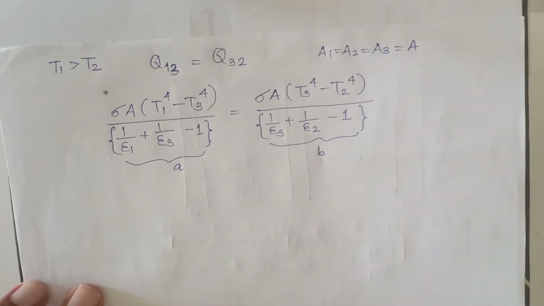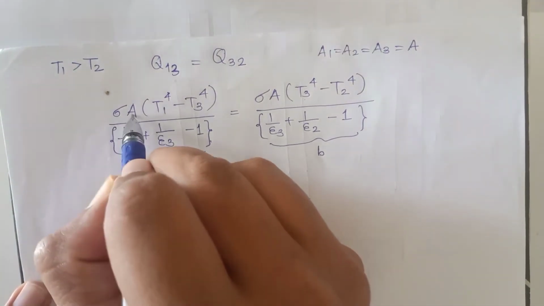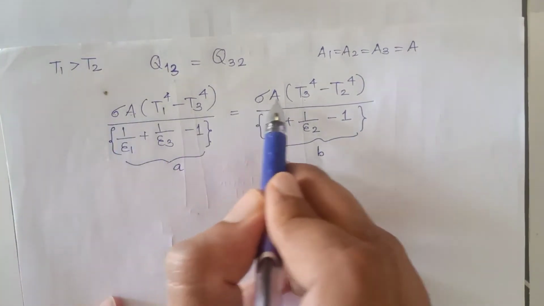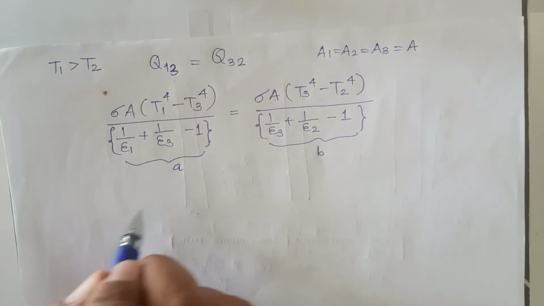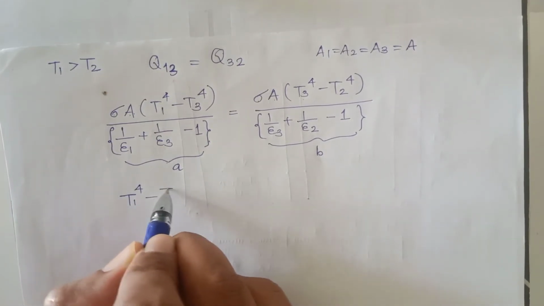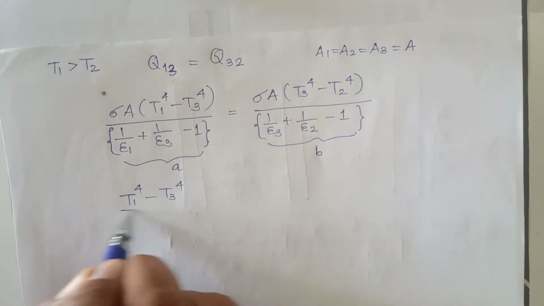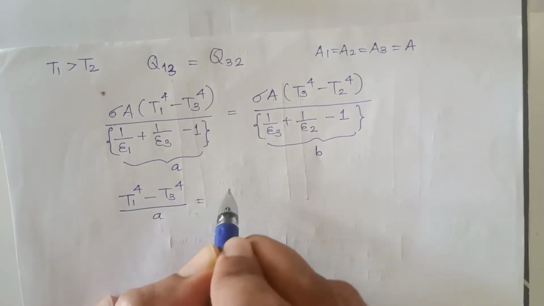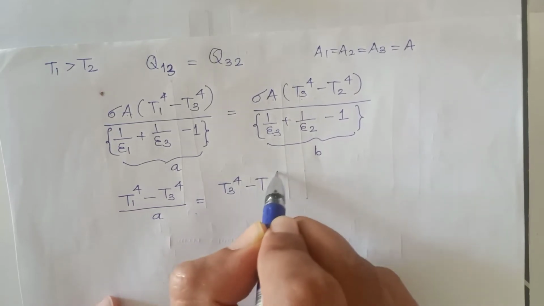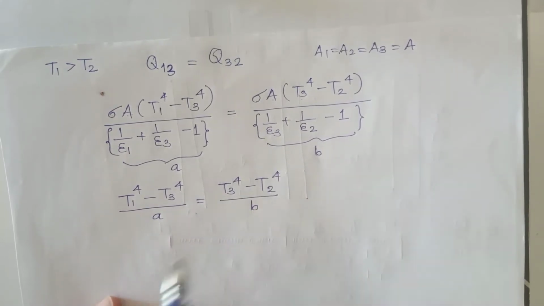Also, from both the sides, this sigma A can be eliminated. So what do we get over here? We get T1 raised to 4 minus T3 raised to 4 divided by small a. It will be equal to T3 raised to 4 minus T2 raised to 4 divided by small b.